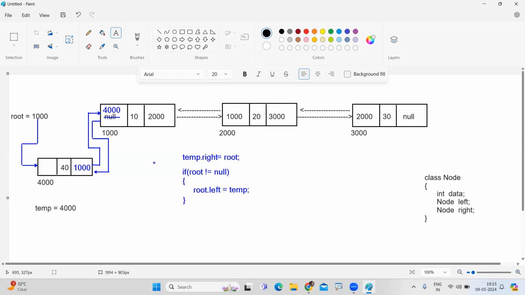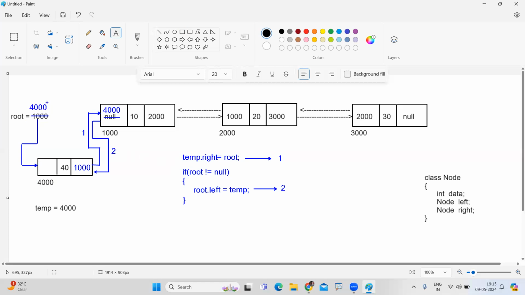So two connections are completed. This is the first connection, that is this one, and this is the second connection. The third connection is what? This 4000 you have to place in root.